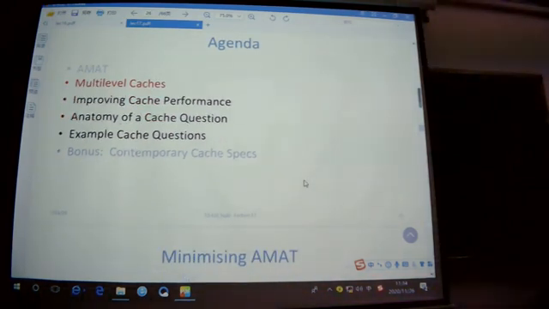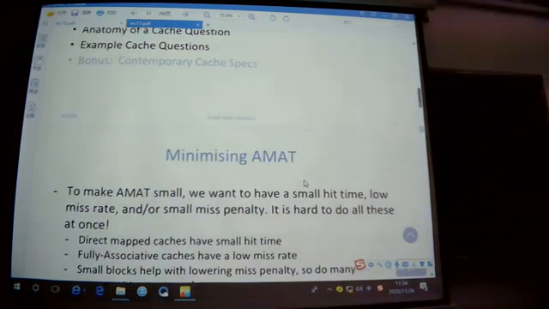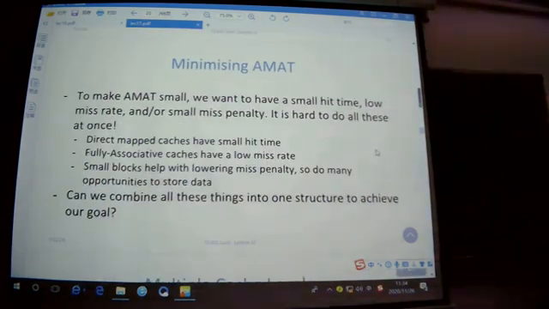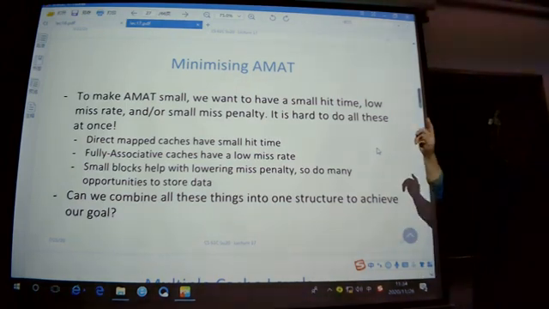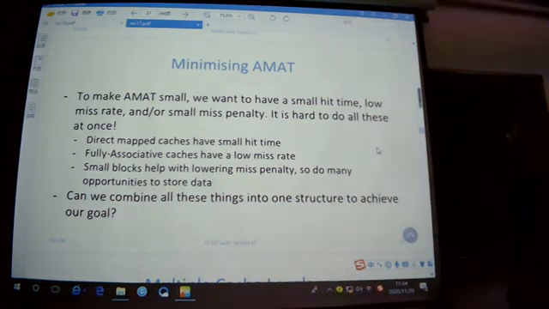Okay, we can talk about multi-level cache. Multi-level cache is a very useful hierarchy. So we can find how to minimize AMAT. To make AMAT small, we want to have a small hit time, low miss rate, and small miss penalty. It is hard to do all these at once.